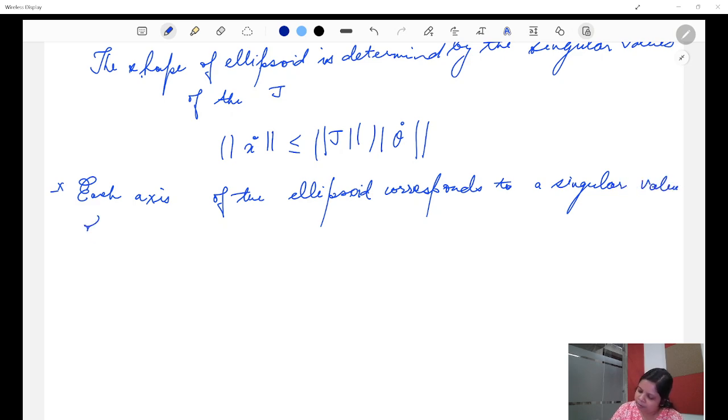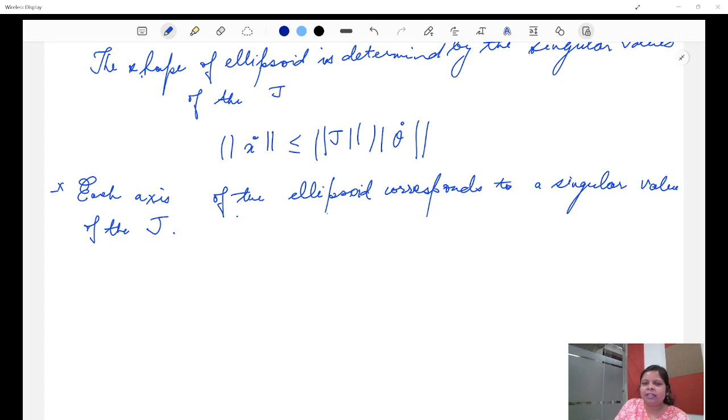Let's not go into the orientation. So yeah, you know that singular values actually help in defining the axes and all.